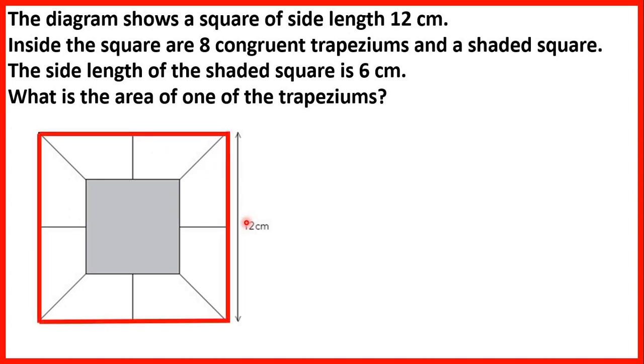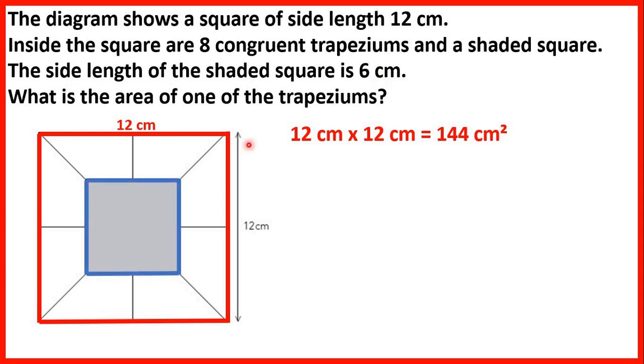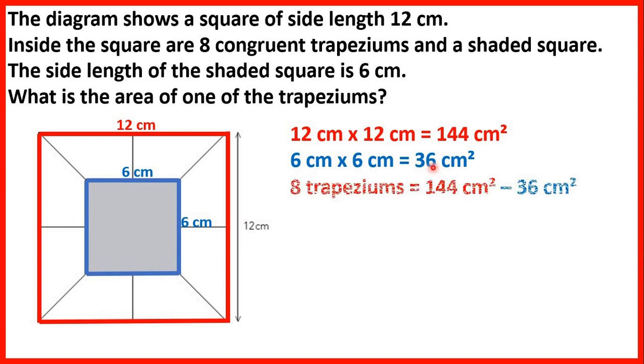So to find the area of the larger square, we can multiply 12 by 12, so that gives us 144 centimeters squared. And we know that the side length of the shaded square is 6 centimeters. So we can multiply 6 by 6, and that gives us 36.